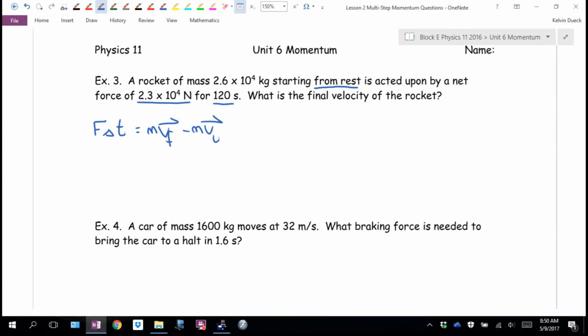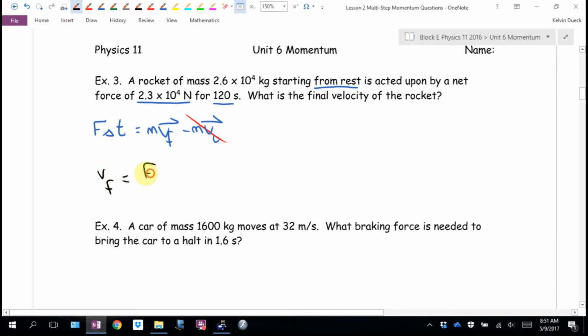What's the initial velocity? It's zero, so because of that, I can cross that off. If not, I would move that over to the other side. But the fact that it's 0, yay, I can cross it off. How would I get the v final by itself?